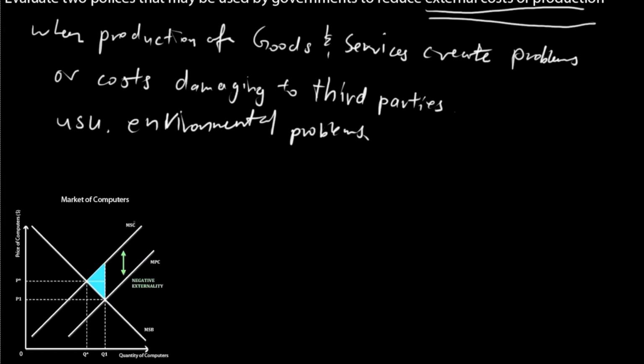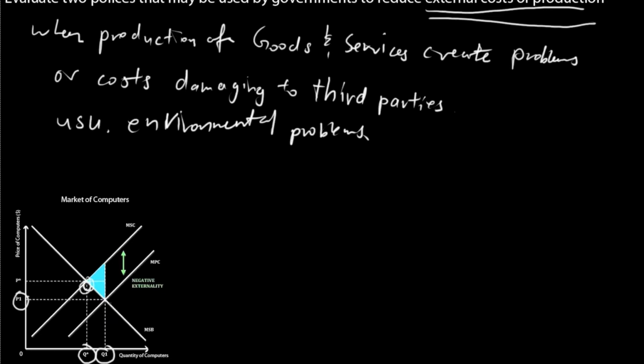Due to the pollution or the negative externality of production, the marginal social cost is greater than the marginal private cost. However, the firm only accounts for its private cost and would produce at a quantity of Q1 and at a price of P1, not at the socially efficient output Q star, where the marginal social cost is equal to the marginal social benefit.